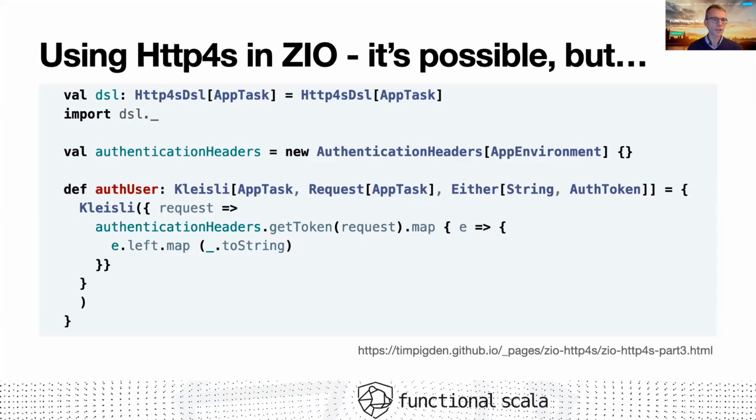And before I knew it, I was looking at, for example, this Kleisli thing to get an authentication object from a request. And this was too much for me. You remember I came from a Java background. I'm still learning this functional programming thing. I think if you are used to this kind of way of working and you are happy to work with these functional objects, fine. And it's probably a great library. But I decided to keep looking.